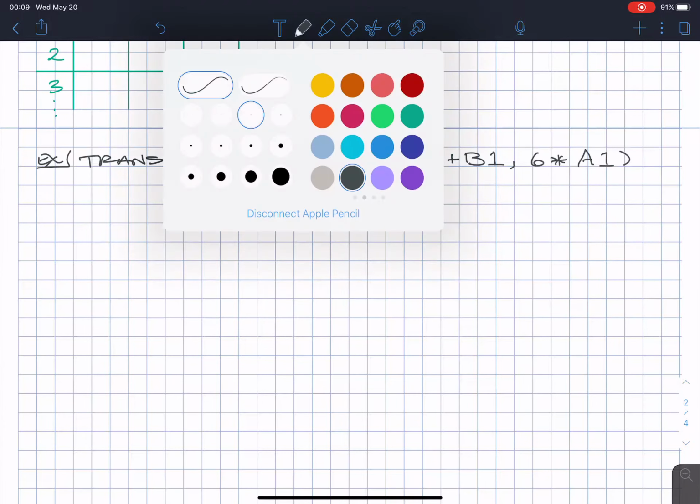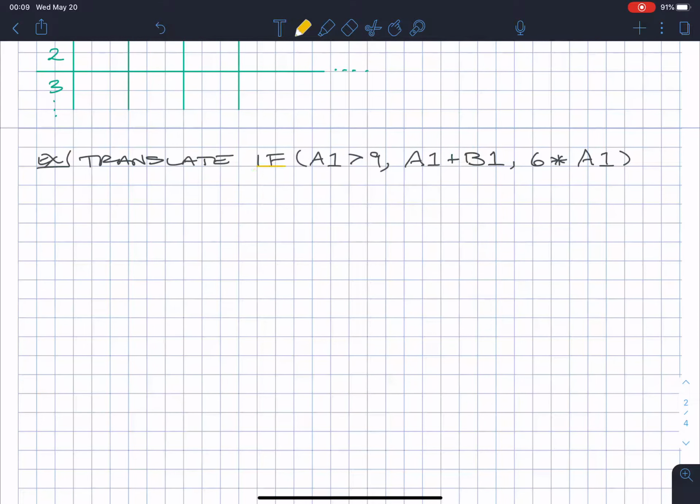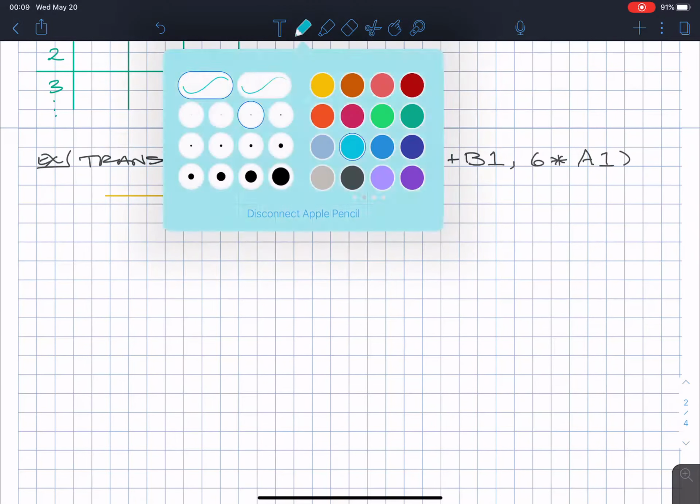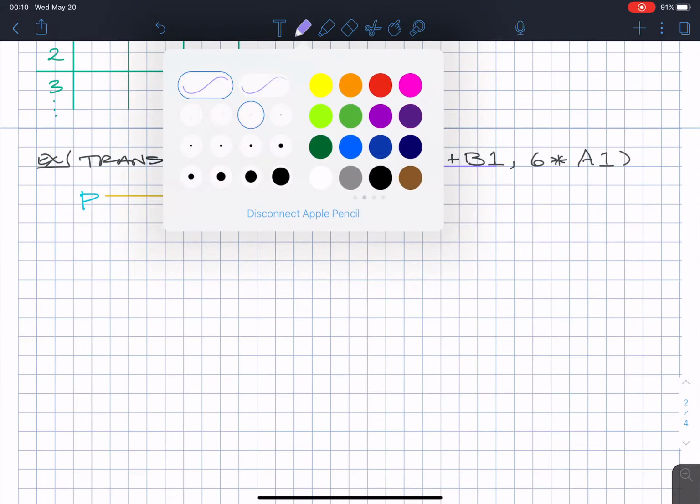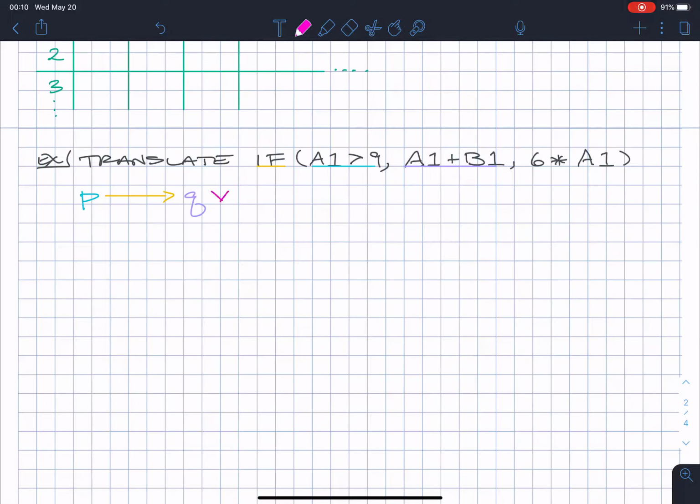Okay, so the IF here is the if-then arrow. The first entry before the first comma is the P. The second entry, after the first comma and before the second comma, is the Q. And the final entry is S. Actually, the Q should be in orange, not purple, sorry, wrong color. So Q I did in orange.